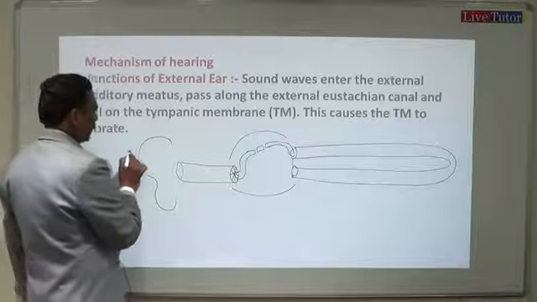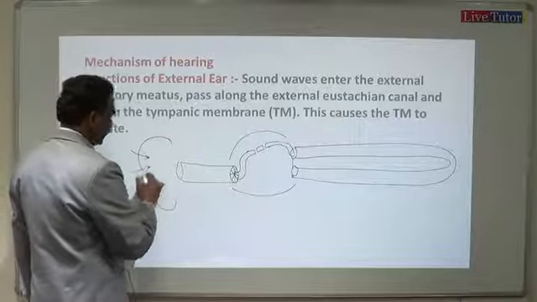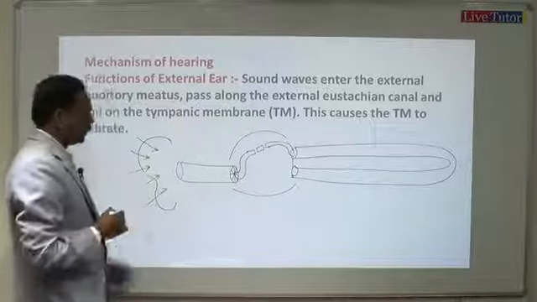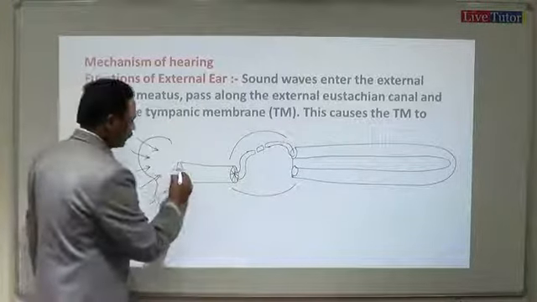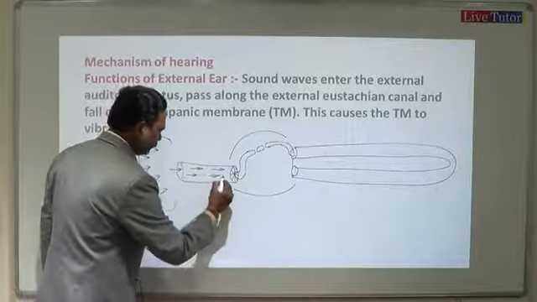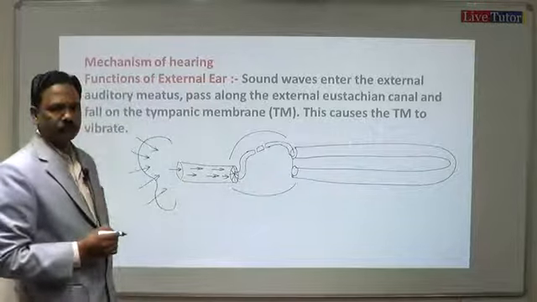See here, the pinna is a part of the external ear which collects the sound waves, concentrates and directs them to the middle ear through the auditory meatus, that is the auditory canal.